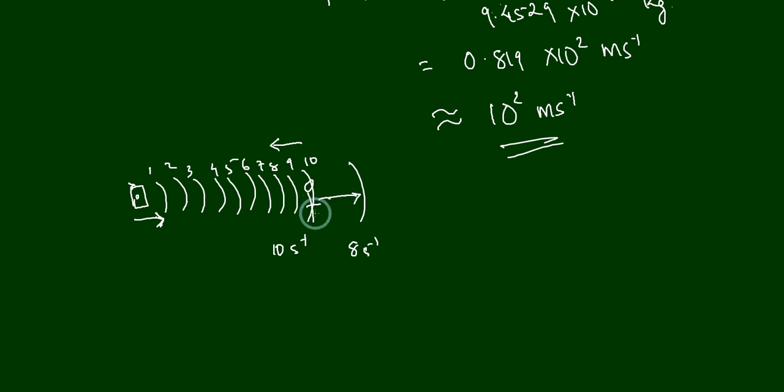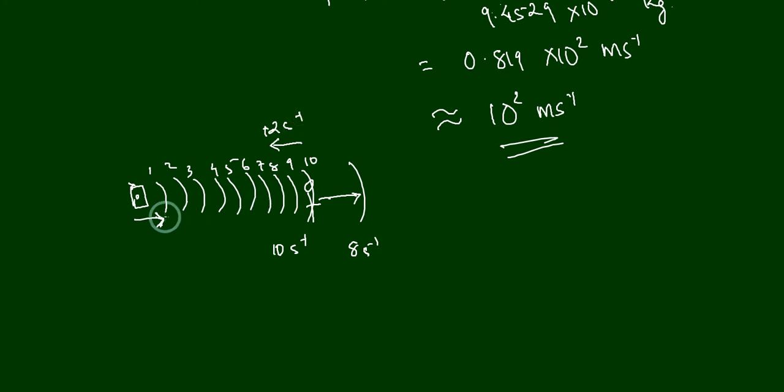Now I was talking about your movement, the receiver's movement. You can think the reverse also. If the receiver is at rest and the source is moving towards you, the relative distance between you and the source is decreasing. In that case, you will hear an increased frequency, like 12 waves per second.